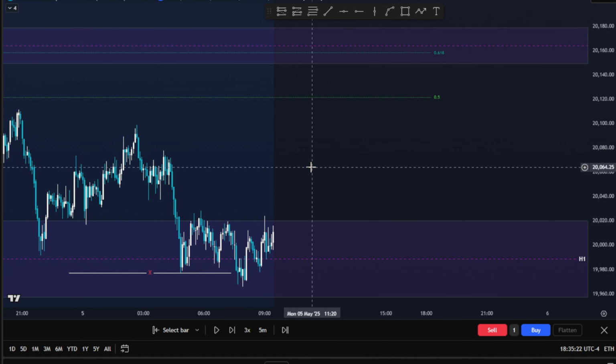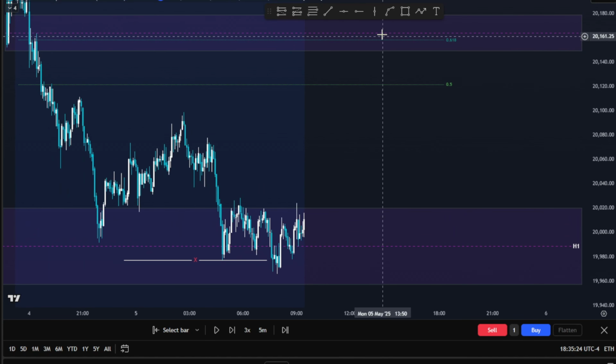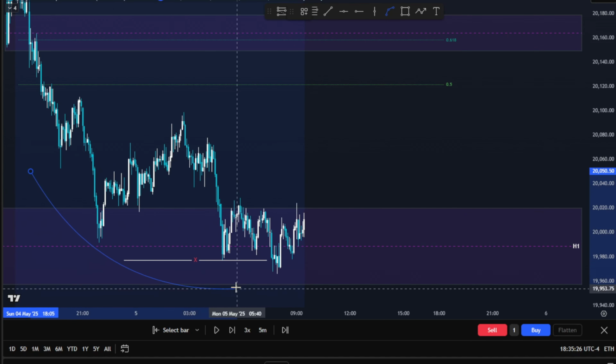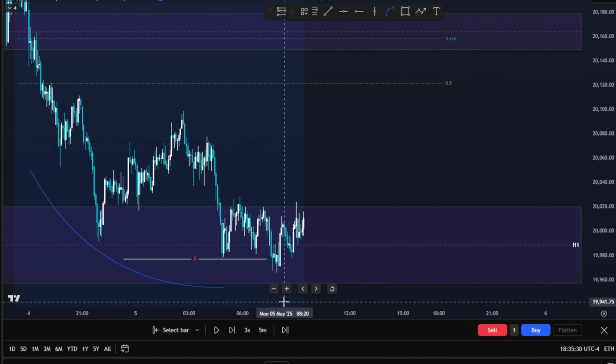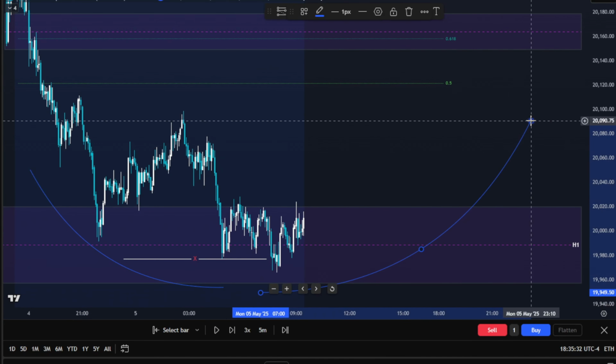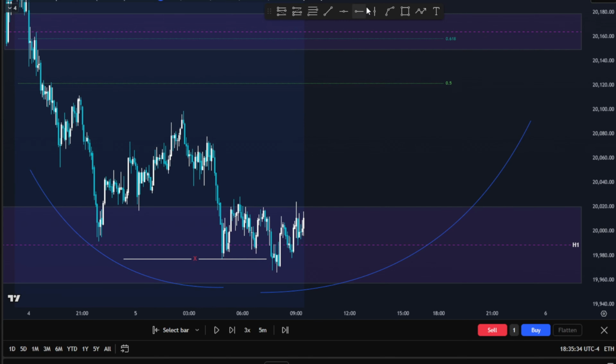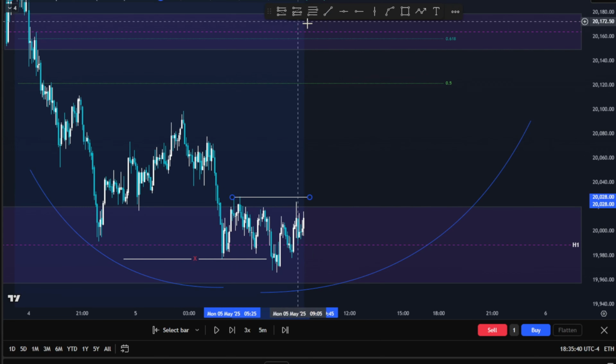So today's bias, essentially what I'm looking for is some sort of buy side model. You can see this is a buy side model here. I want to see some sort of price breaking this market structure. I'm looking at the 5 minutes.